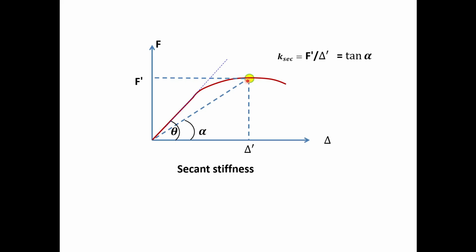So we take any point and join it to the origin, and this line is called the second slope. The tangent of that angle, if the angle is alpha, then tan alpha is the second stiffness for the system, which is equal to force F dash divided by the corresponding displacement delta dash. So in the nonlinear analysis we shall depend on the second stiffness.